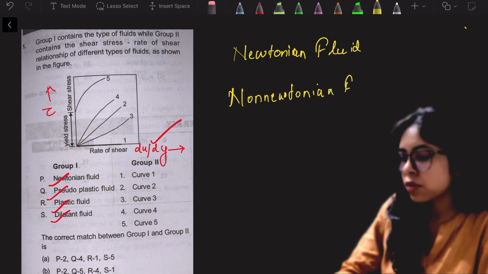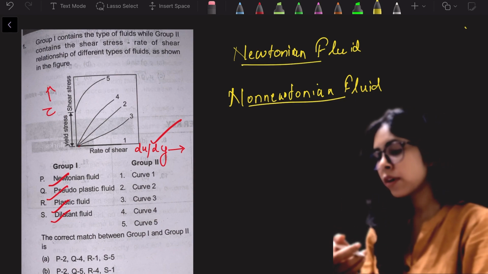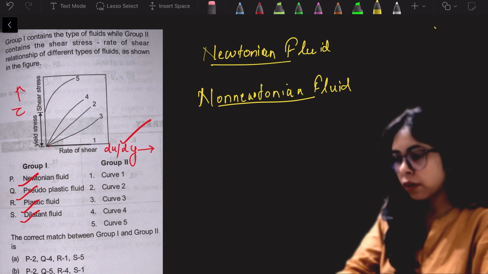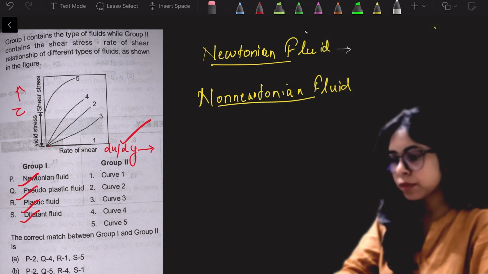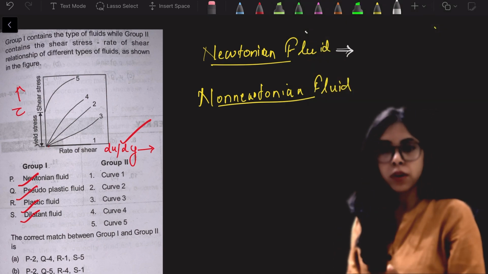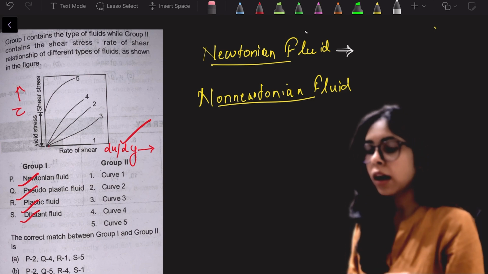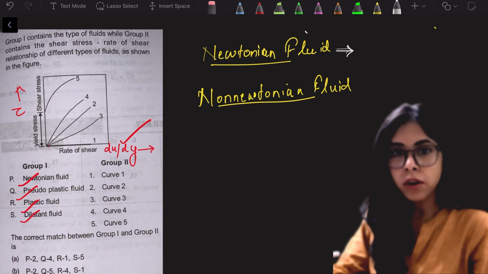So we know about Newtonian fluid and non-Newtonian fluid; how they are different, we'll see. For the Newtonian fluid, we must know that the fluids which obey Newton's law of viscosity are known as Newtonian fluids. So what is Newton's law of viscosity?